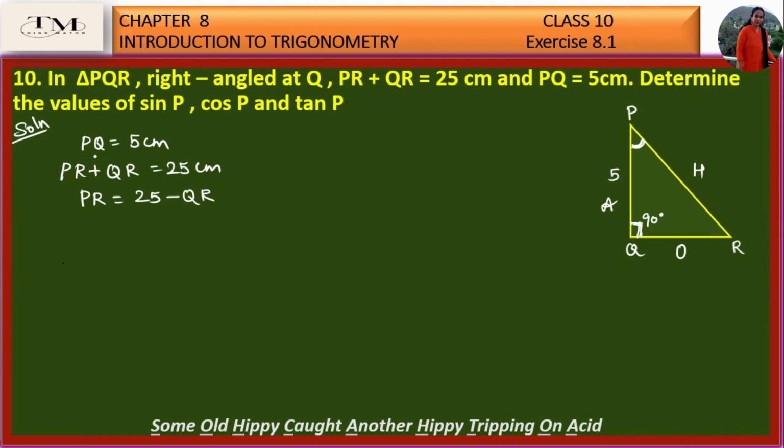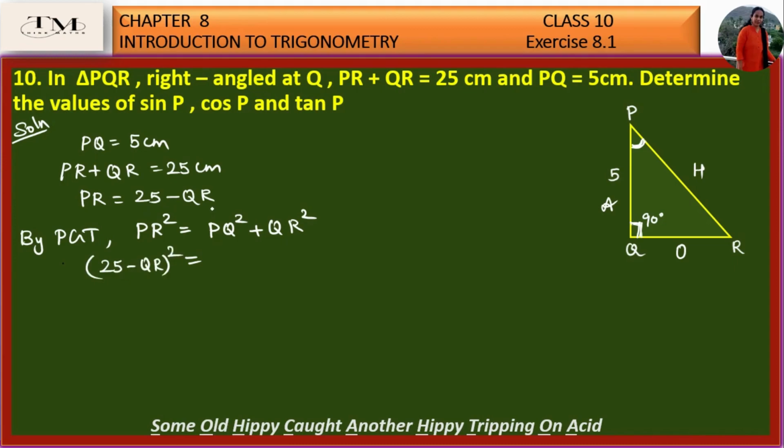Now we have PQ, PR and QR in this equation. What does Pythagoras theorem state? By PGT, PR square is nothing but PQ square plus QR square. What is PR? It is 25 minus QR whole square.